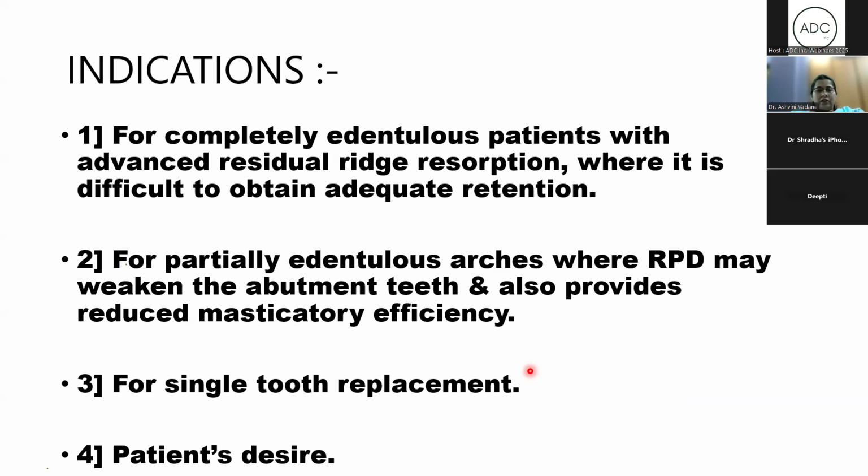Then what are the indications of dental implants? For completely edentulous patients with advanced residual ridge resorption, where it is difficult to obtain adequate retention. So if your patient does not have that much ridge, bone availability is not there, we can see that our complete denture or RPD will not get proper retention.